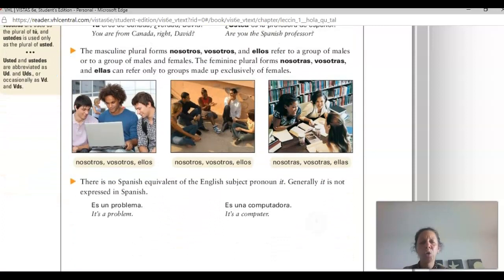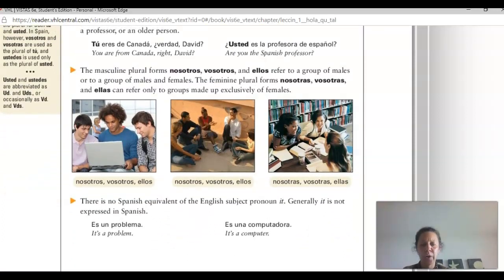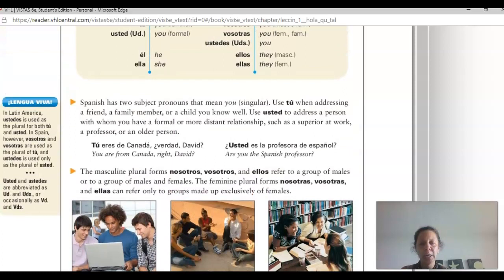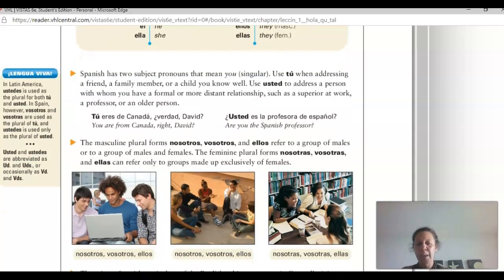Also, we are going to use the verb to express our origin and our nationality. Por ejemplo, yo soy Marilyn, yo soy estudiante, yo soy de Puerto Rico, that's origin, ¿sí? Yo soy puertorriqueña, nationality and origin, okay? Bien.